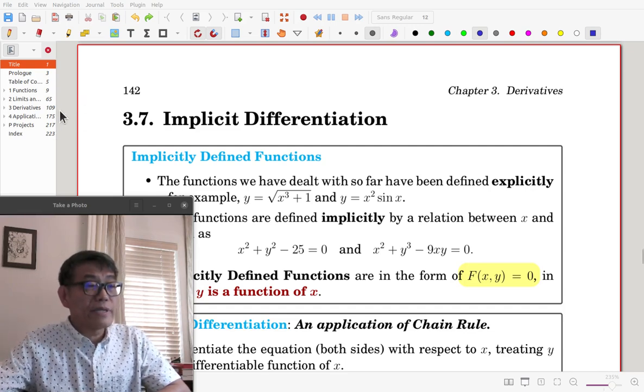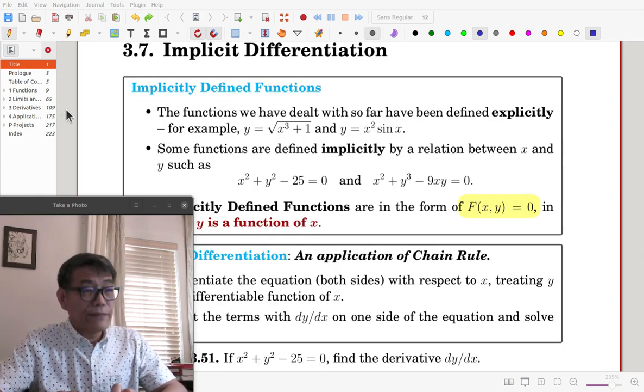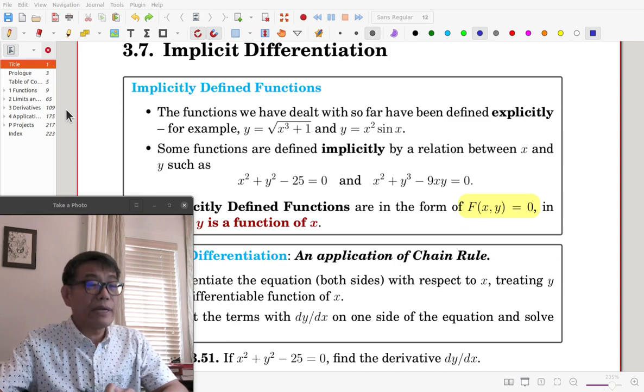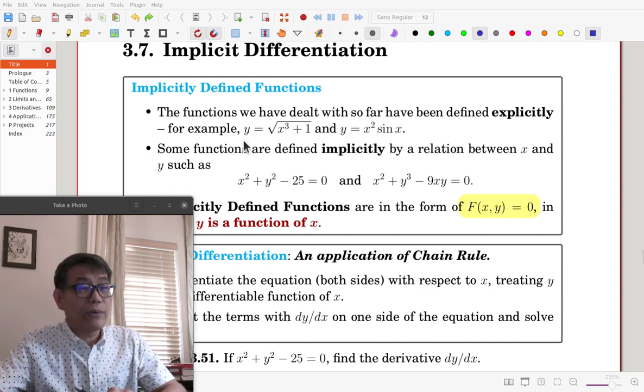Section 3.7, Implicit Differentiation. The functions we have dealt with so far are defined explicitly. For example, y equals the square root of x cubed plus 1, and y equals x squared sine x.